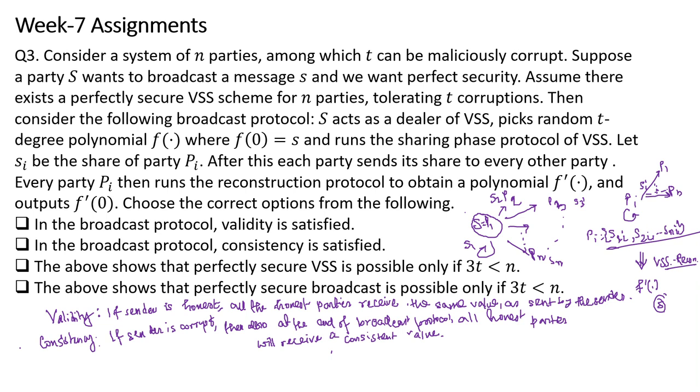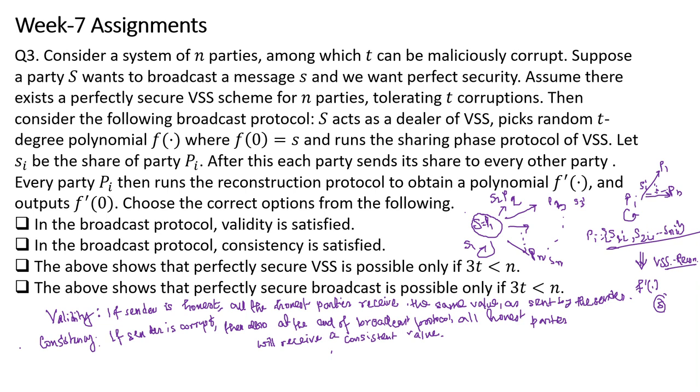So by the strong commitment of the VSS protocol, the consistency of the broadcast protocol will be satisfied. So we are essentially reducing the problem of reliable broadcast to the problem of verifiable secret sharing in this question.